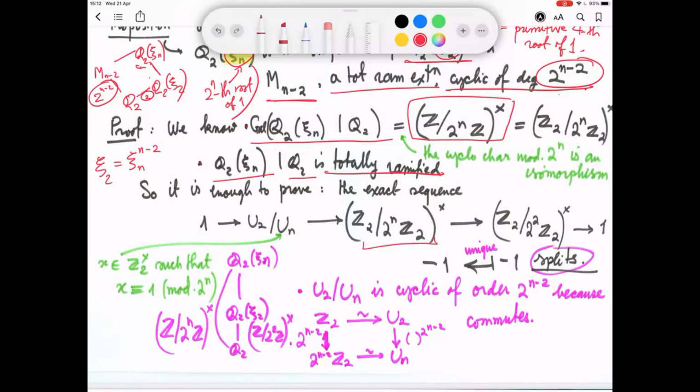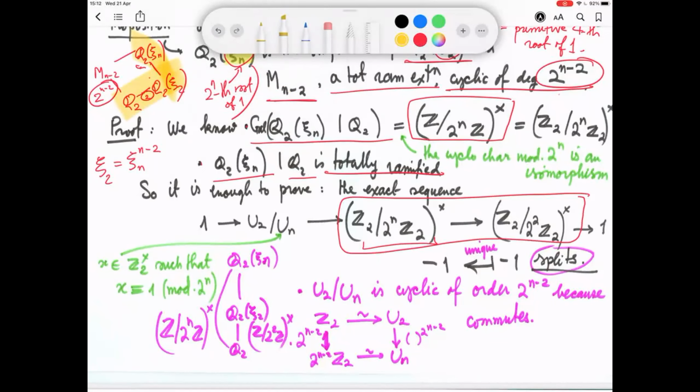So I'm looking at this projection here, this map here. This projection comes from this part of the diagram. I'm going to highlight it in yellow, maybe. So look at this extension and then this extension here.